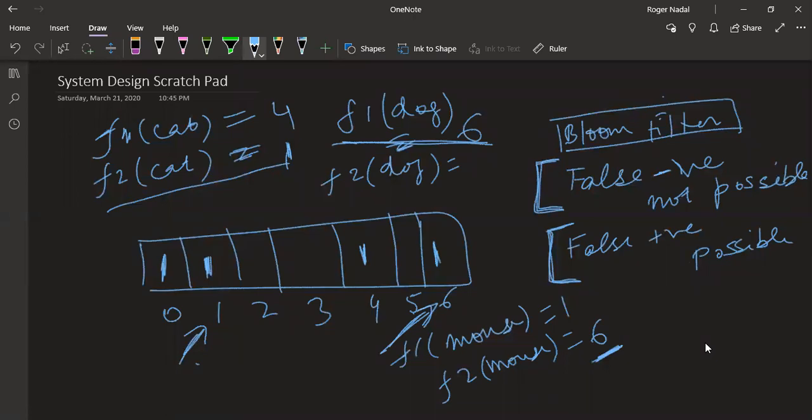I'm not confident for the positive case because of hash collision, right? There could be a collision and someone else contributed to that bit, and that's why that false positive was possible. So when F2 of mouse was 2, it's guaranteed it is not there. But now here the guarantee is not there. Okay, got it. Exactly.